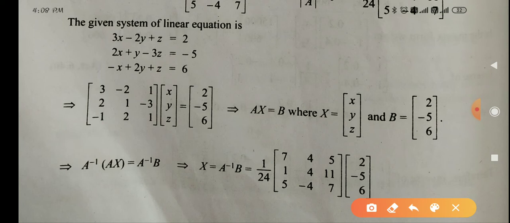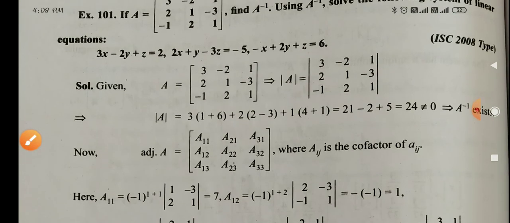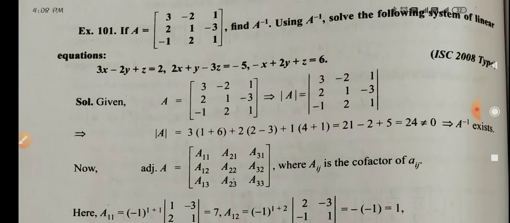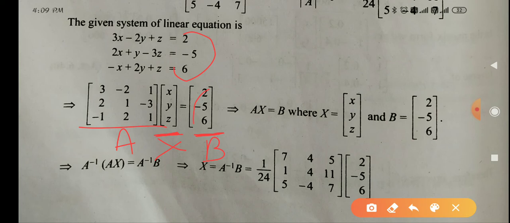So when you make with the help of this system, 3, 2, minus 1, minus 2, 1, 2, and 1, minus 3, 1, you can see this matrix of coefficients is matching with the given matrix A. Same matrix is given, so you can say this coefficient matrix is A, this variable matrix is x, y, z, and this constant matrix B you will take 2, minus 5, 6.